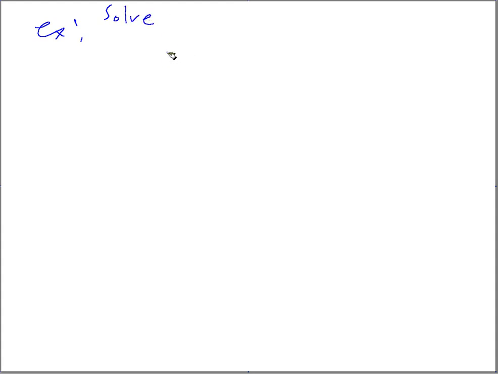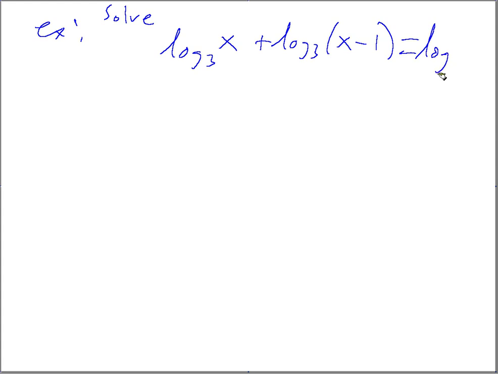What about log base 3 of x plus log base 3 of x minus 1 is equal to log base 3 of, so let's make the right hand side log base 3 of 6, let's say.